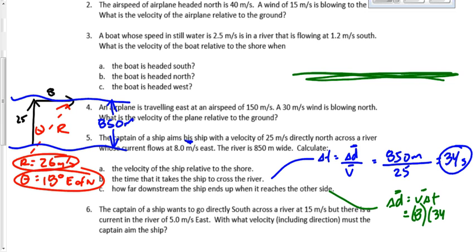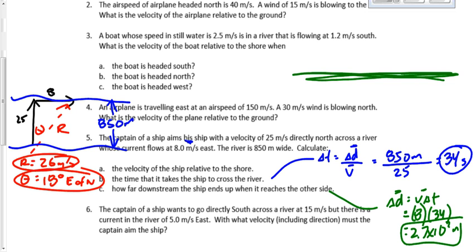Sure. Times a scalar, doesn't really matter that we found that for the other component here, right? 8 times 34 would be, hold on for a second, let me figure this out. 8 times 30 is 240. 4 times 8 is 32, 272. 2.7 times 10 to the 2 meters downstream.